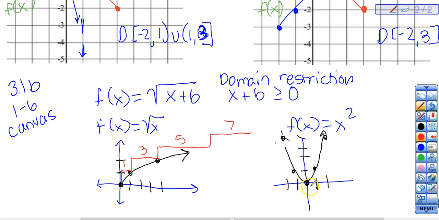From your vertex or your starting point, right 1, up 1, right 1, up 3, right 1, up 5, right 1, up, and then of course it's a mirror on the other side, up 1, up 3. Do you see the connection between those two functions? Learn to graph those patterns because you're going to graph a lot of radicals and a lot of parabolas, and it's just better if you know what their pattern of points is.